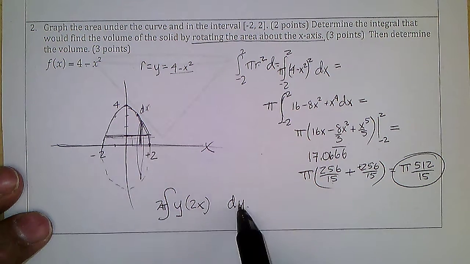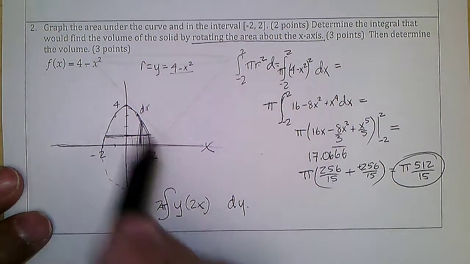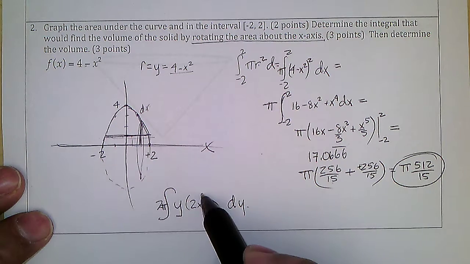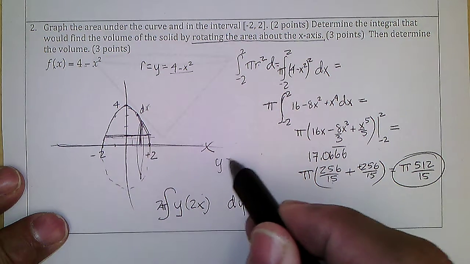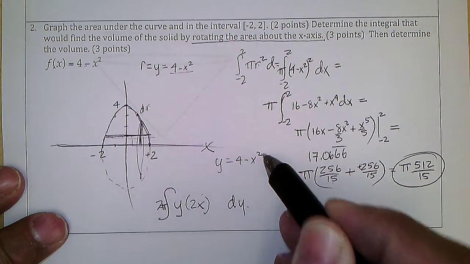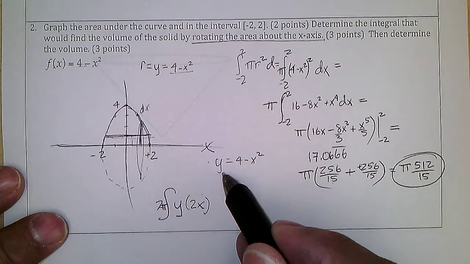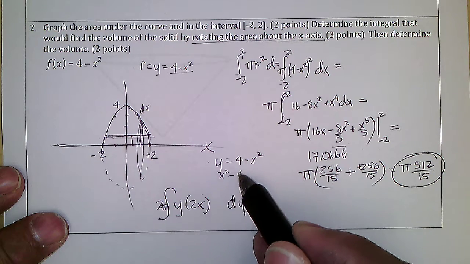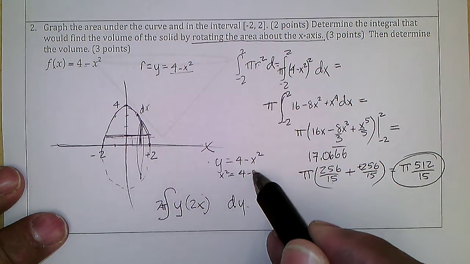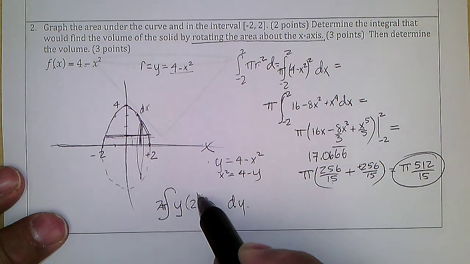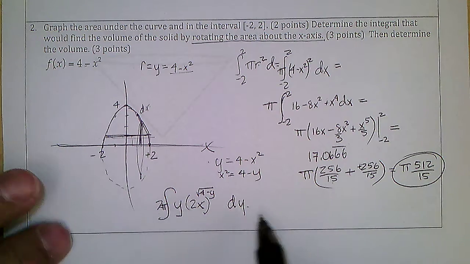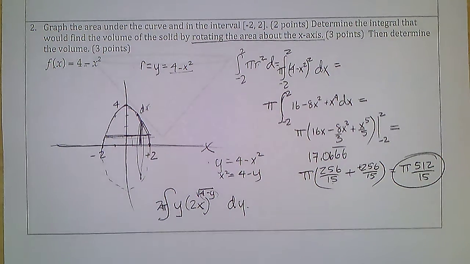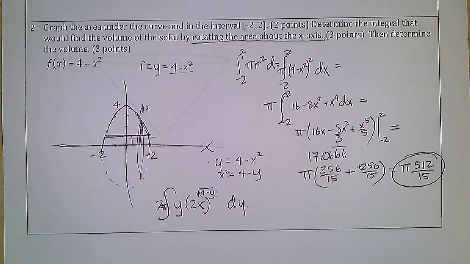And since it's y, I'd have to change the x. And so I'd have to solve for the x in this, which would be y equals 4 minus x squared. So I'd add x squared and subtract y. And so x would be the square root of 4 minus y. And I'd have to integrate that. Do a u substitution for 4 minus y. That's the first page.